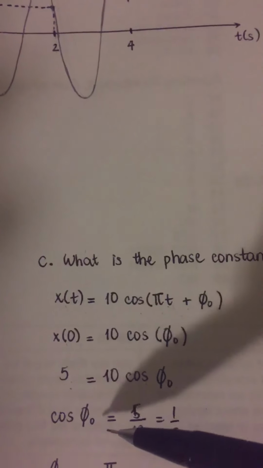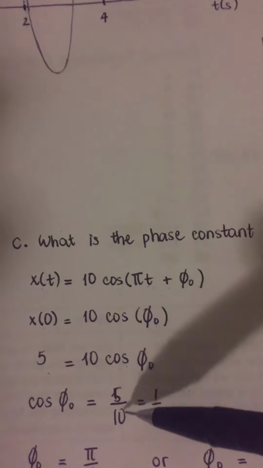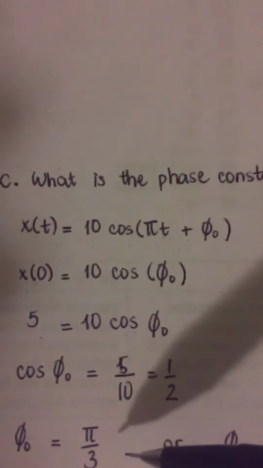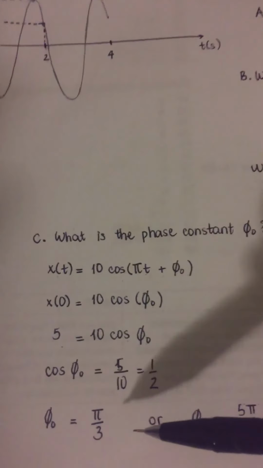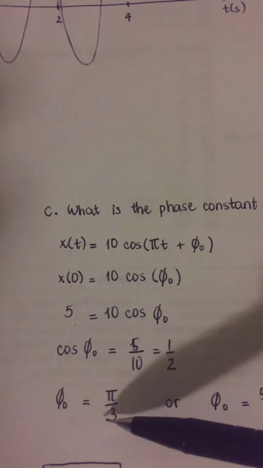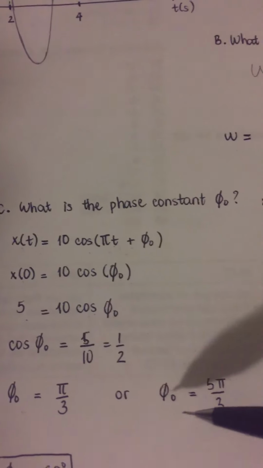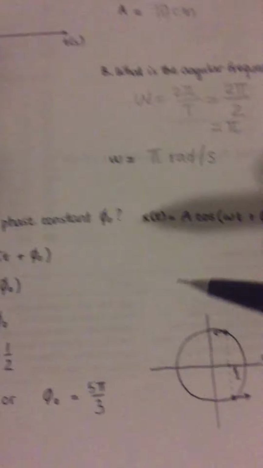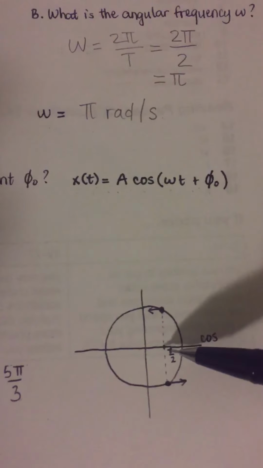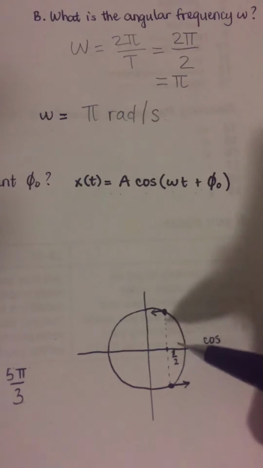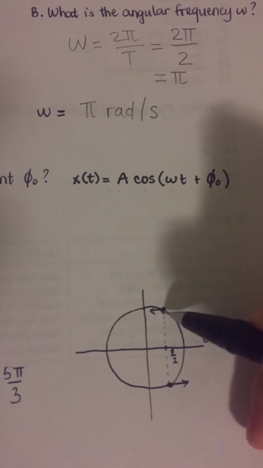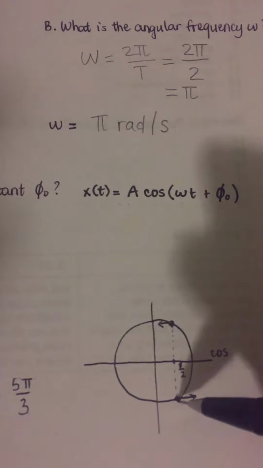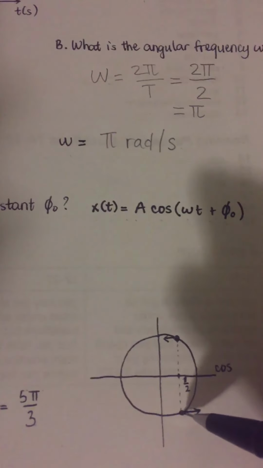So cosine of phi naught is 5 over 10, which is 1 over 2, and that will give us two answers: phi equals pi over 3 or phi equals 5 pi over 3. Looking at our unit circle, we can see that this is 1/2 cosine right here. So one of these 2 points will be our answer.